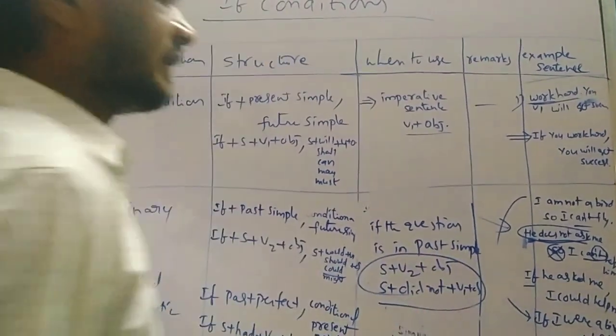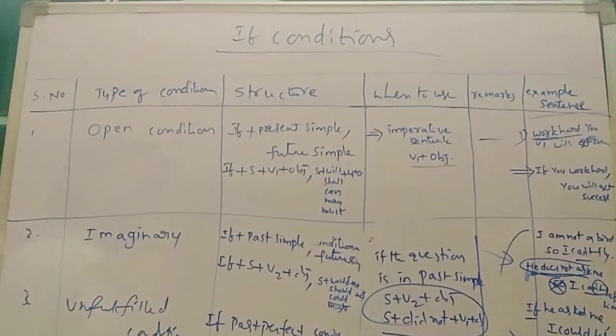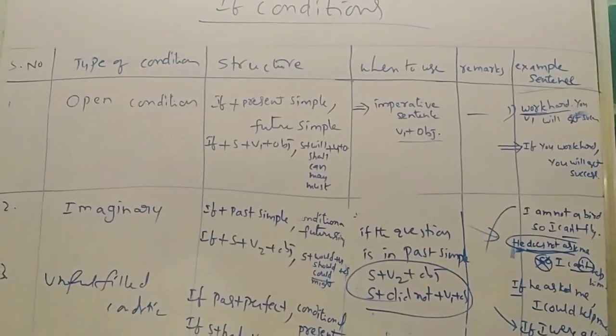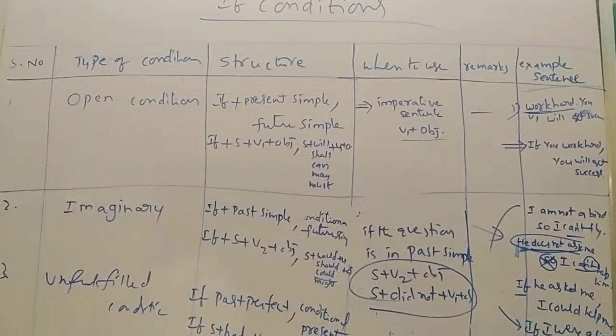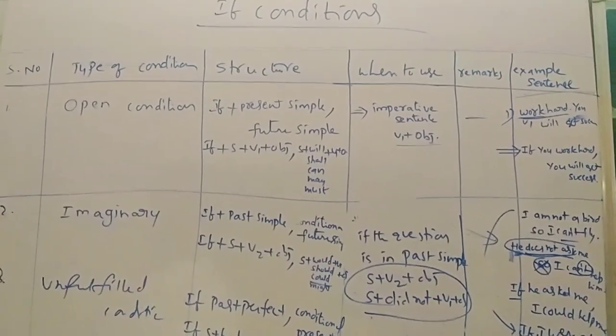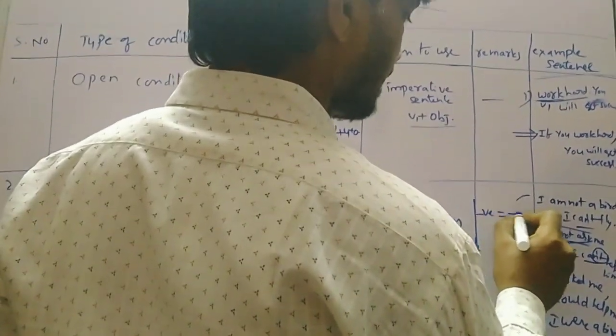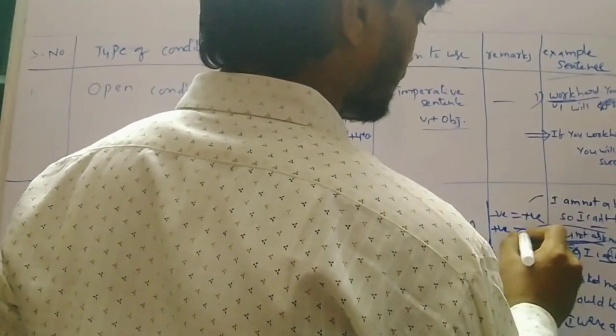If the question is in these tenses, subject plus V2 plus object, that is past simple positive, or subject plus did not plus V1 plus object, that is past simple negative, we have to use the unfulfilled condition. The remarks are: negative becomes positive, positive becomes negative.